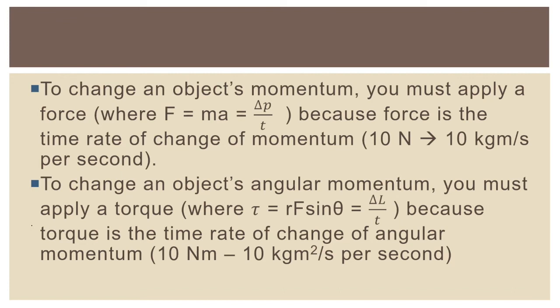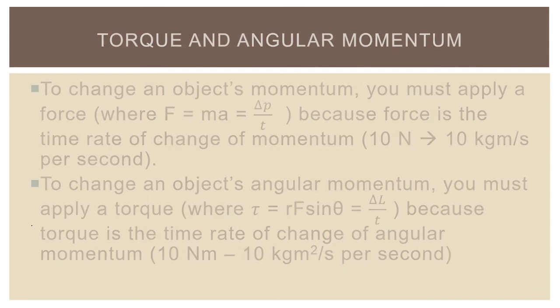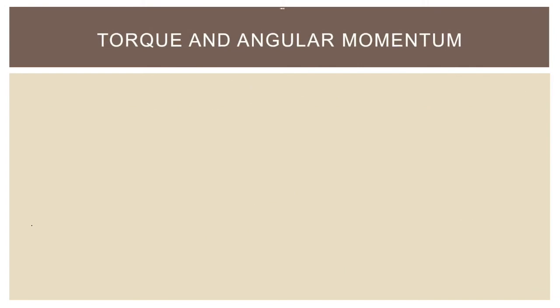Okay, now let's just make sure we have that relationship and that equation down pat. Let's go ahead and write that down. You can write this down under the heading torque and angular momentum. I'm not going to give you the symbol here because we've already defined all these symbols. But when we're saying the torque is equal to the time rate of change of angular momentum, it's important to realize that the net torque is equal to delta L over t.